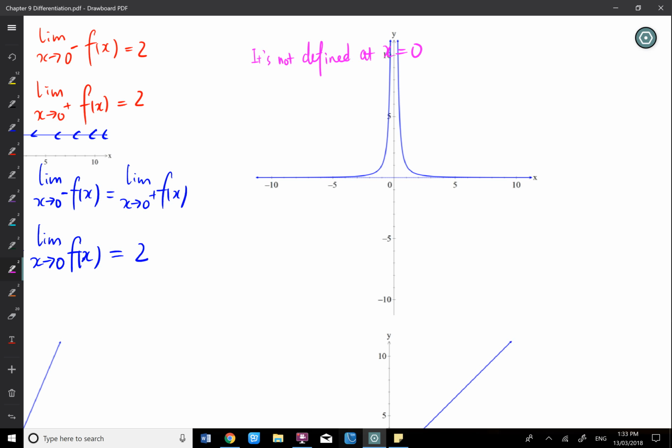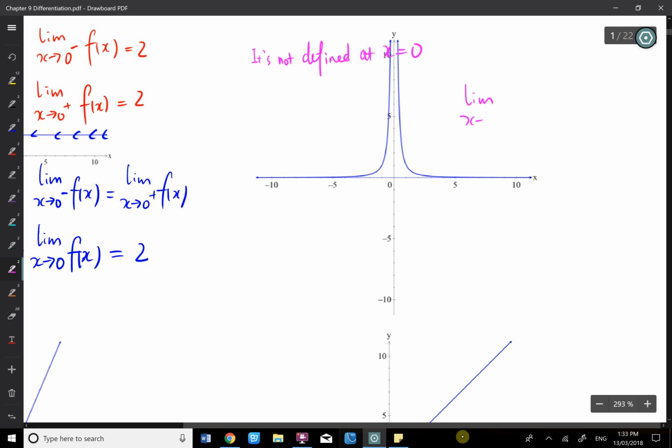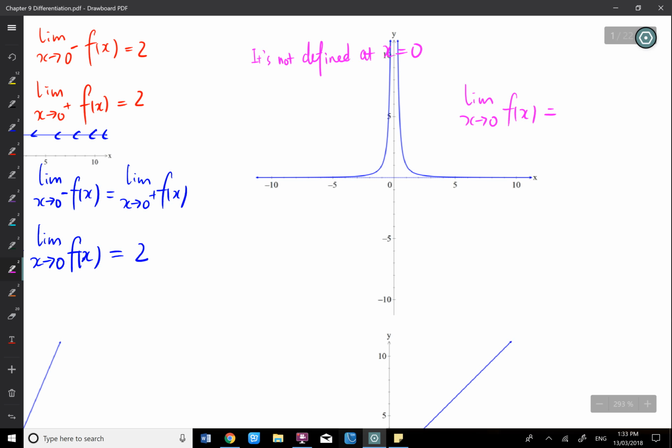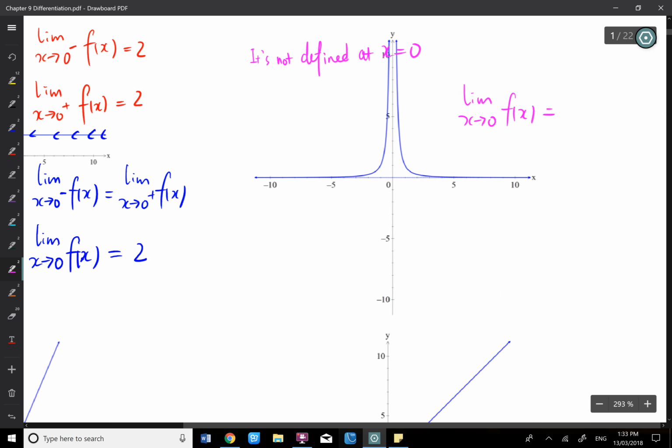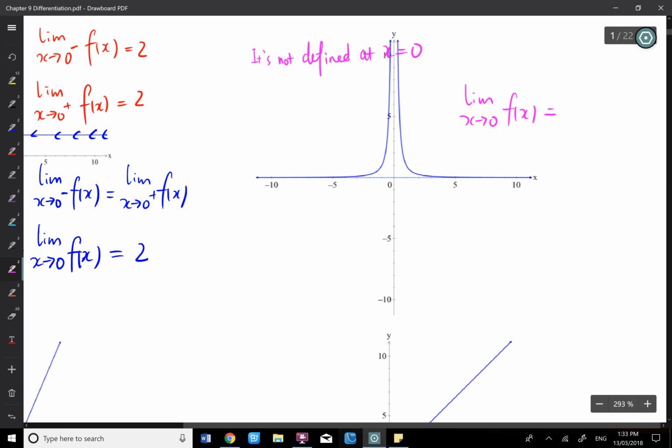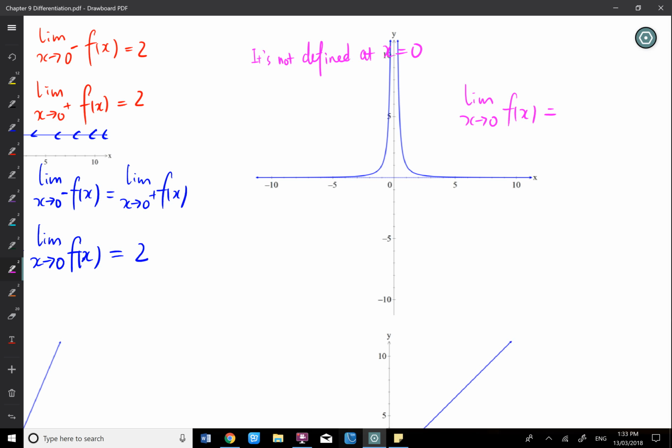What is the limit as x approaches 0 of f(x) equal to? Well, in the previous graph the limit as x approaches 0 equals 2. So for this graph, what's the limit equal to? Infinity? Infinity is not a value.